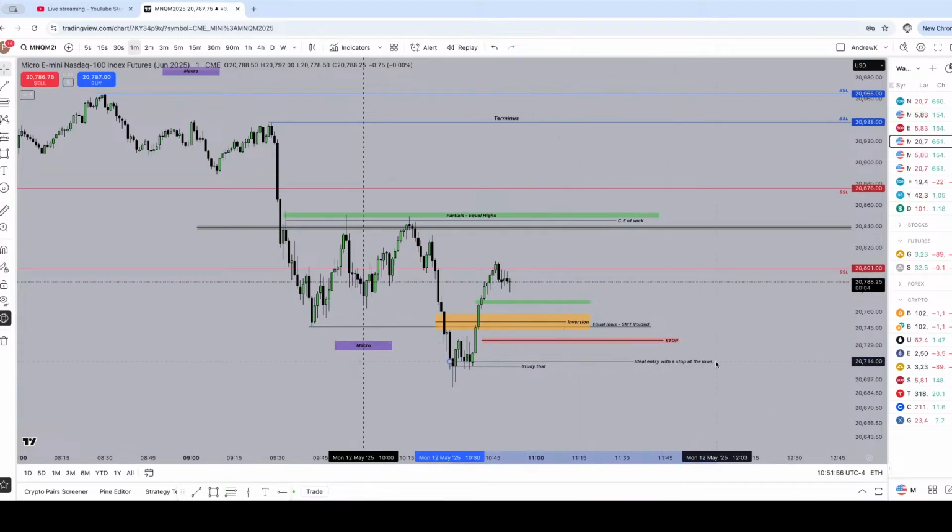If you entered here, by the way, I marked this here so you had time, but I'm not a signal service. But doesn't it feel nice when you know what you're looking at? Doesn't it feel nice to have little risk? We're talking about 200 points.